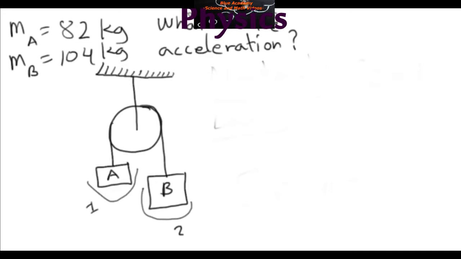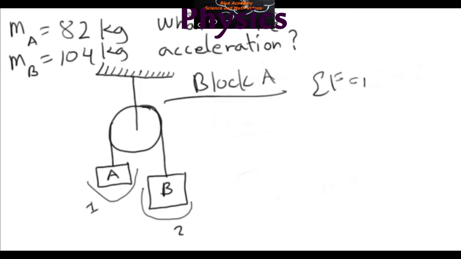What we have to do here is draw a free body diagram for both of these objects. We're going to start with block A. In block A, we have our net force, which is equal to mass times acceleration.